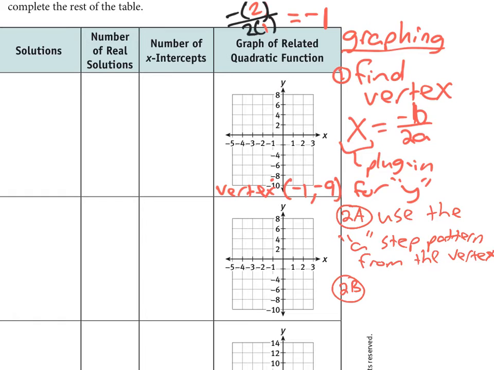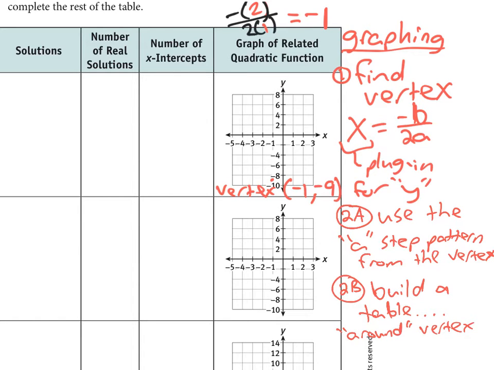Whether you're dealing with quadratic functions or any function at all, if you want to graph and you have forgotten everything else, you could always build a table. Since you did find the vertex in step 1, build the table around the vertex. Choose values above and below, to the left and to the right of that x value.